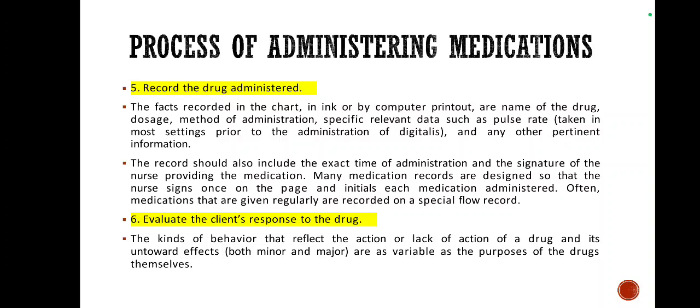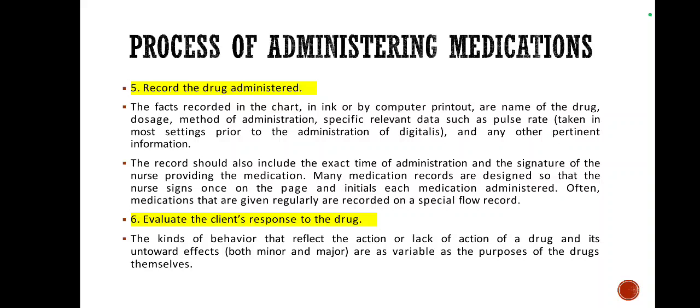Example, antihypertensive drugs. From the word antihypertensive, these are medications that lower the blood pressure. Now, you have to check first the blood pressure of the patient, because if the patient has low blood pressure, then you are not allowed to give the medication, because it will cause the blood pressure to lower further.